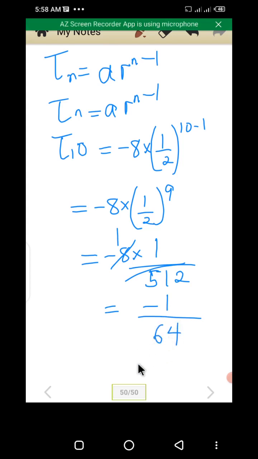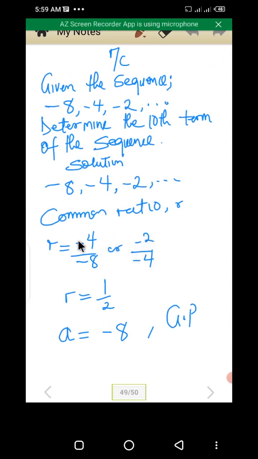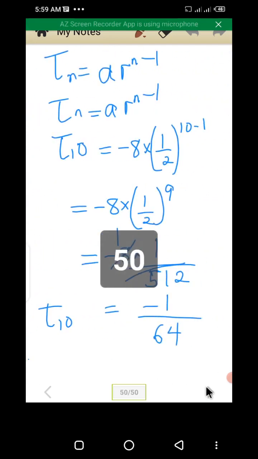So that is the 10th term. The 10th term of that sequence is -1 over 64, because the common ratio is 1 over 2 and the first term is -8, and the type of the sequence is GP. So that is the analysis in geometric form, and T10 is -1 over 64.